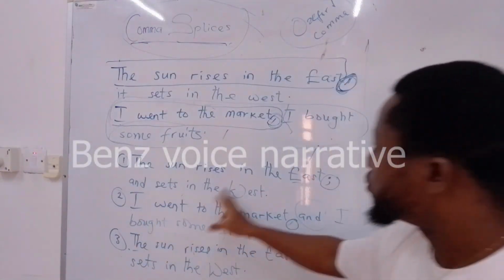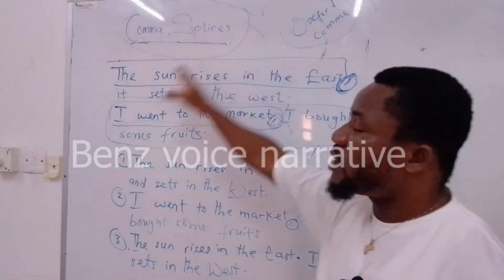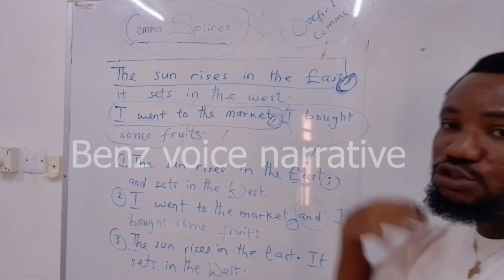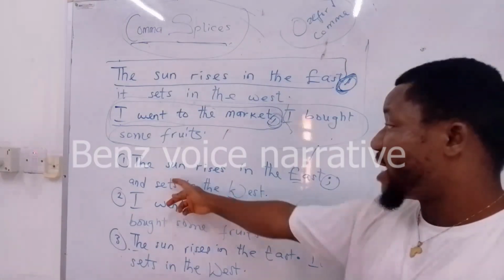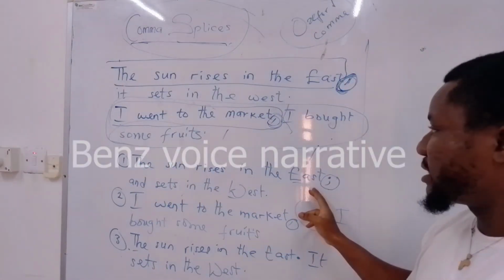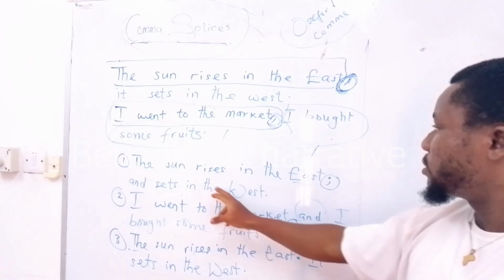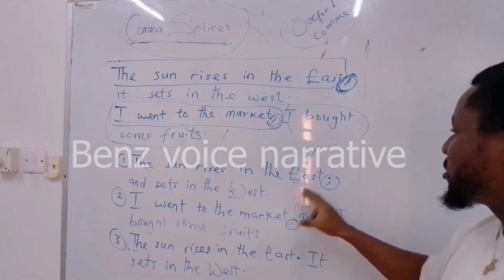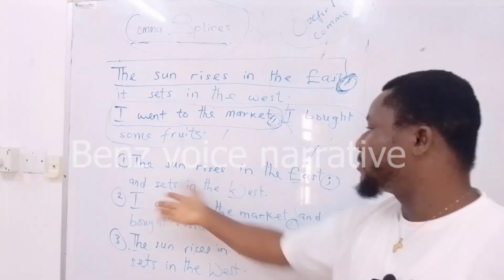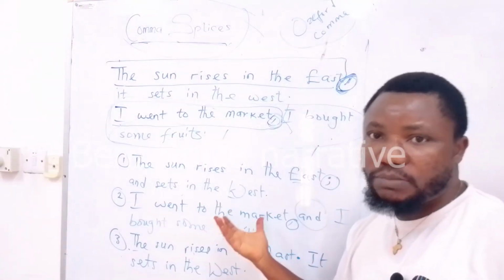Now, the first way, like I said, to correct comma splices is to reintroduce a semicolon between the two independent clauses. So when you write, this is how you read the structure of your sentences. The first sentence separated by a semicolon, and then you have the next, which is the second independent clause.